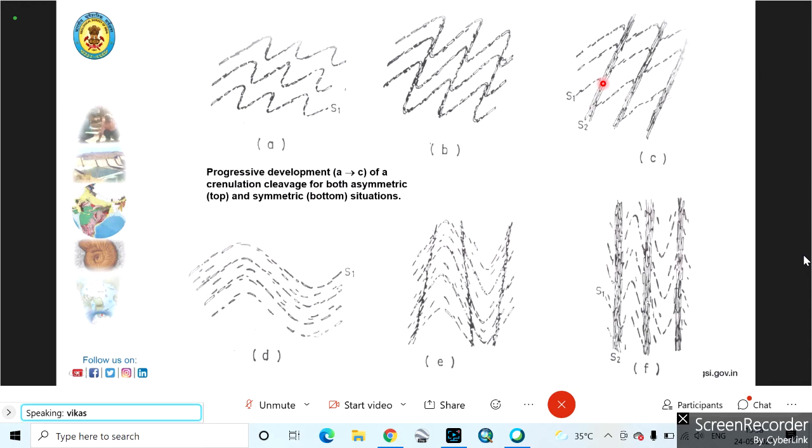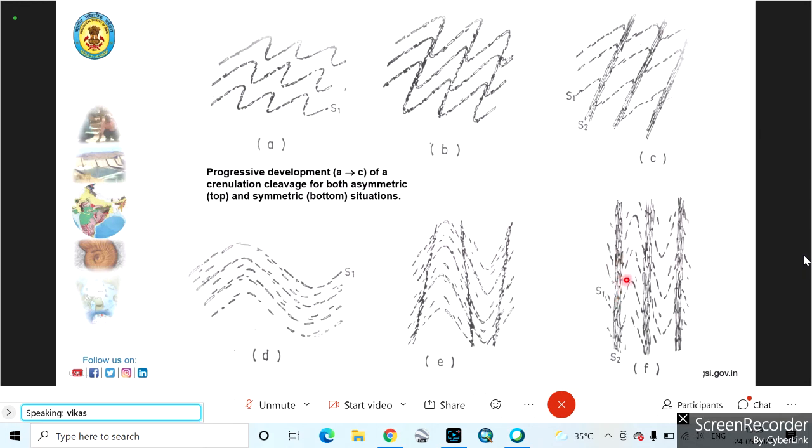If deformation goes on increasing, ultimately you will see, say in figure F, that if the deformation keeps increasing, the interlimb angle will decrease further, and a case will come when the folds become isoclinal.